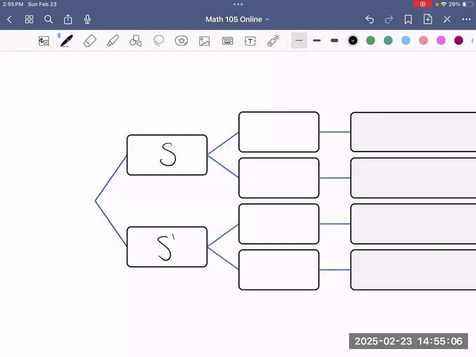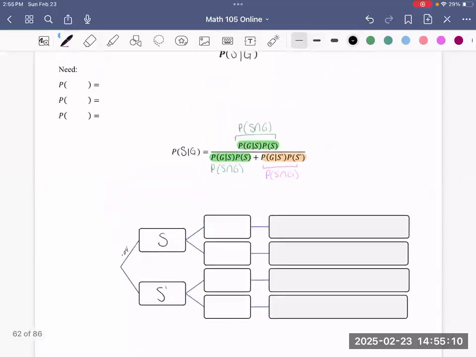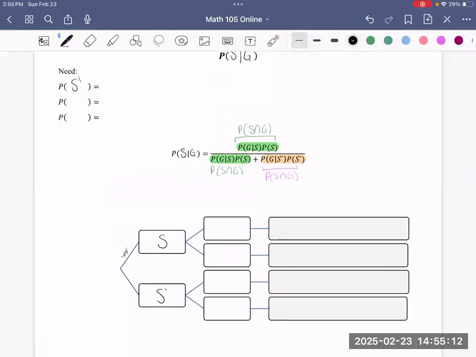We know that snow is 0.04, that is here. And we do not have that it's not snowing, so 1 minus 0.04 is equal to 0.96. This is the chance that it's snowing: the probability of snow, the probability of not snow. And therefore, our next probability is whether or not our glaciers are growing or not growing.